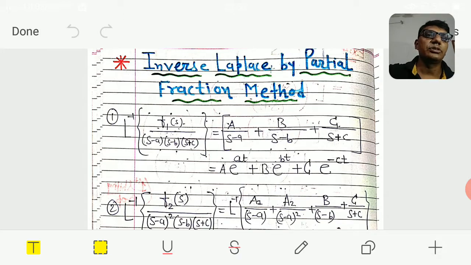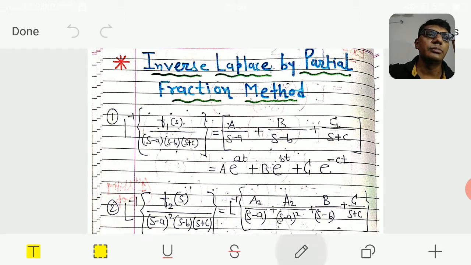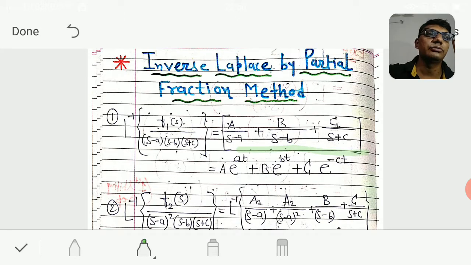If we have L inverse of f1(s) upon (s minus a)(s minus b)(s plus c), then we separate the fraction parts like A upon s minus a plus B upon s minus b plus C upon s plus c. Now we know the L inverse follows the linear property.